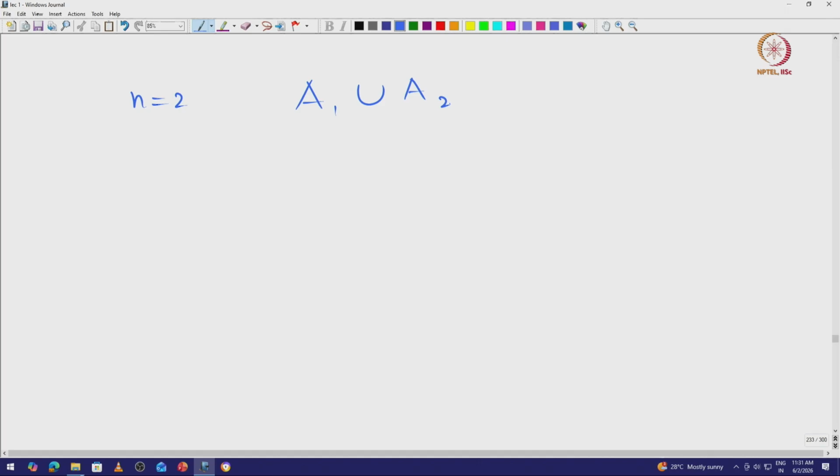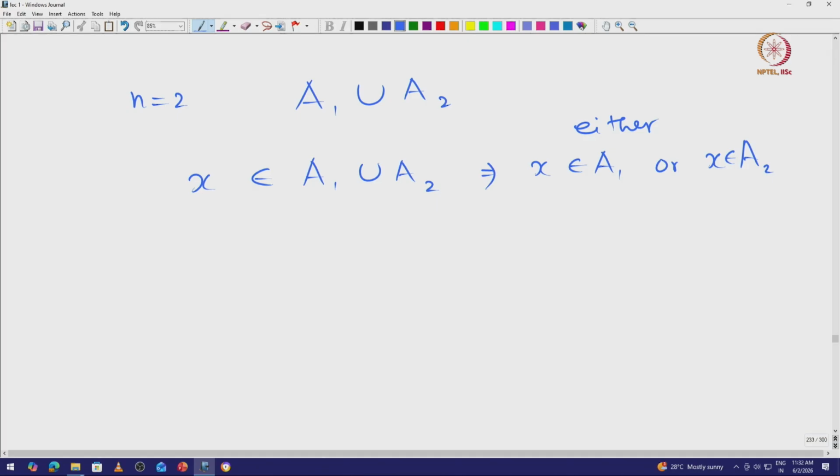So let us say I have some element x in this union. So then what happens to this x? So this x is, let us say, in the union. So then either this x actually belongs to A1 or this x actually belongs to A2. So this is what will happen because it is in the union.